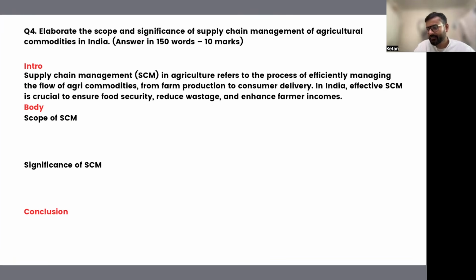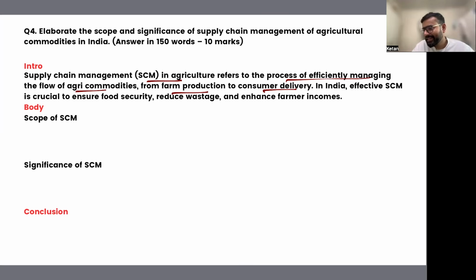In the introduction, since it is talking about supply chain management, you can just define what supply chain management is. Supply chain management in agriculture refers to the process of efficiently managing the flow of agricultural commodities from farm production to the end consumer delivery.